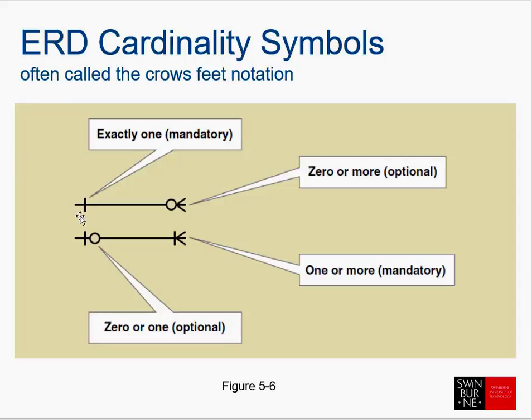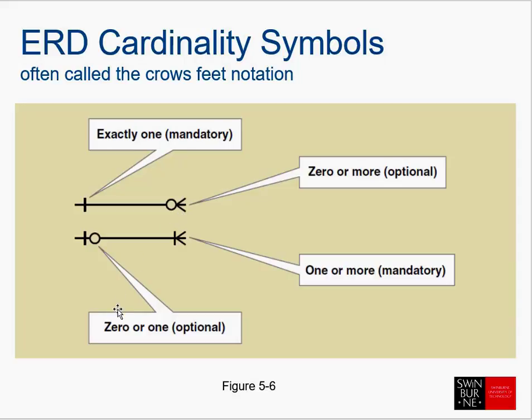So this symbol is called mandatory, and we call it exactly one. Again, this relationship is called an optional relationship. It shows you zero or many, so we can have zero or many instances related to this particular primary key in this entity. The foreign key can be zero or more in the related entity. That is what this means.